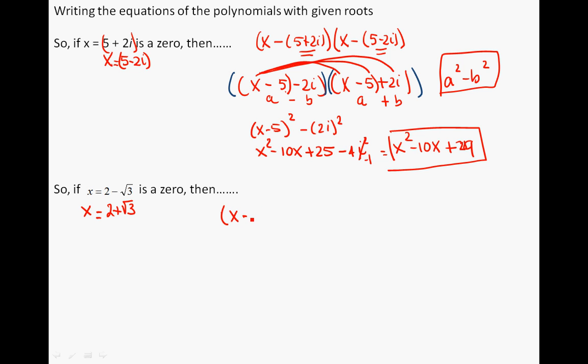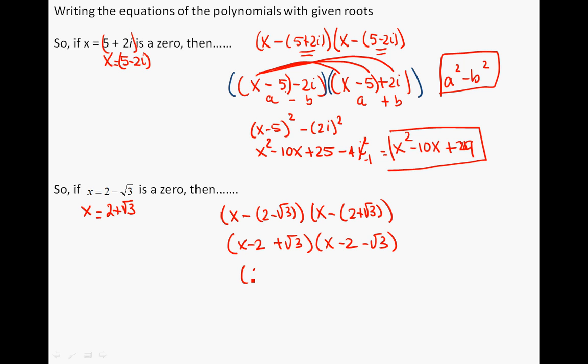So it's going to be x minus, and then 2 minus the square root of 3, and then x minus, and then 2 plus the square root of 3. So this will be x minus 2 plus the square root of 3, and this is x minus 2 minus the square root of 3.